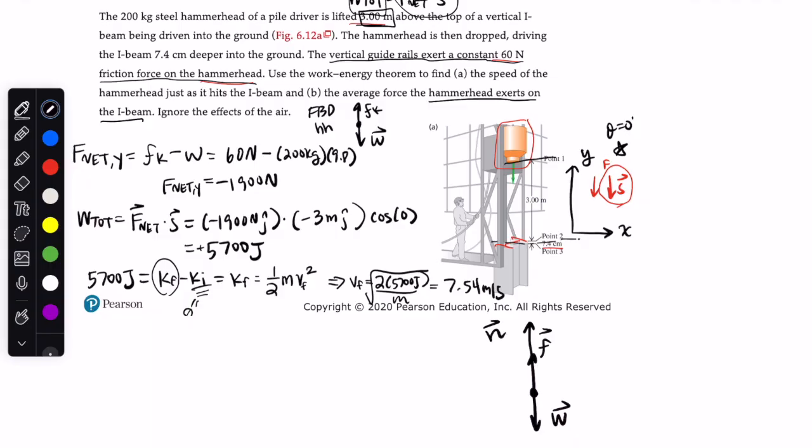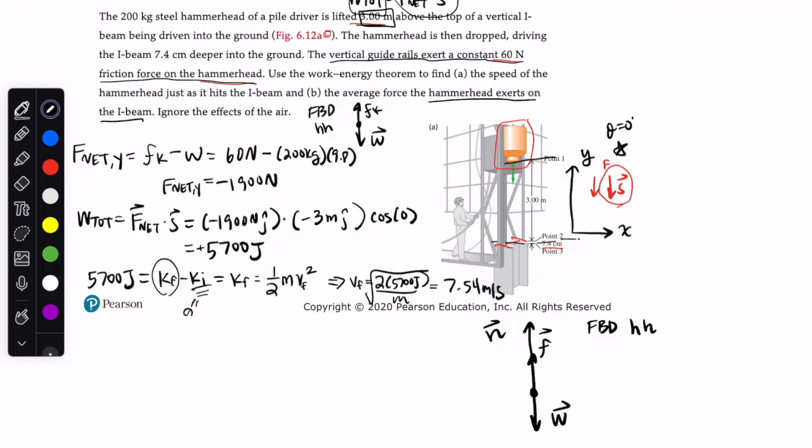The normal force is the force that the surface exerts on the object. In this case, the surface is the I-beam and the object is the hammerhead, because this is the free body diagram of the hammerhead.